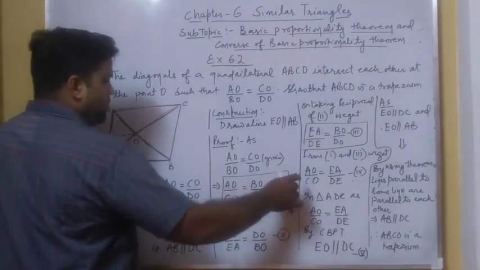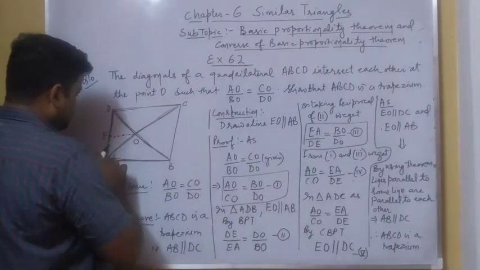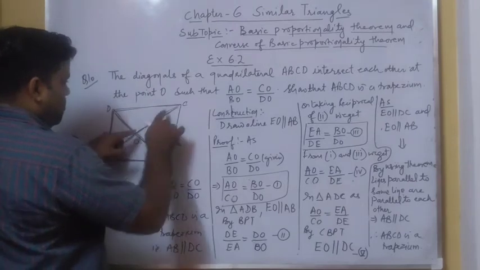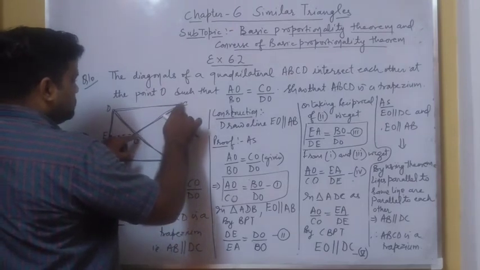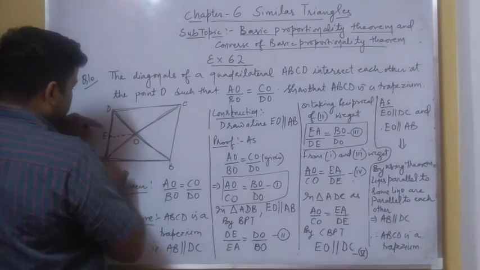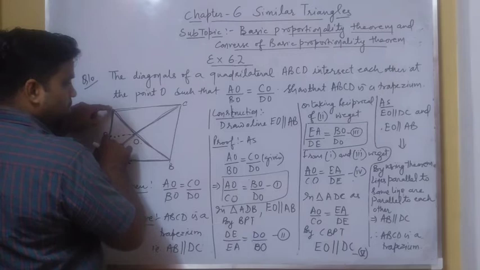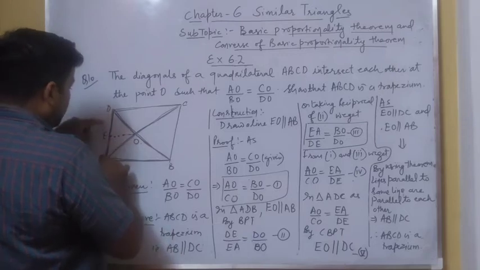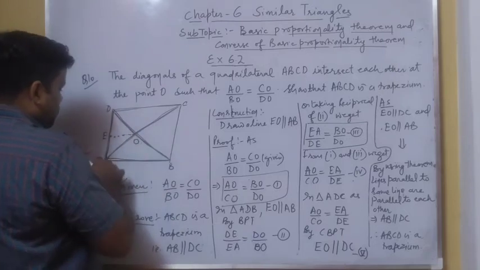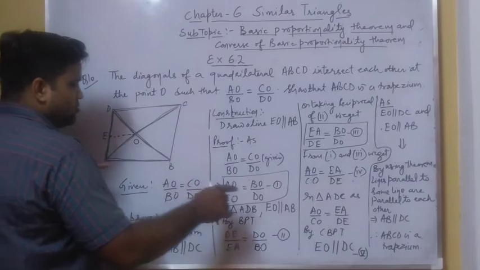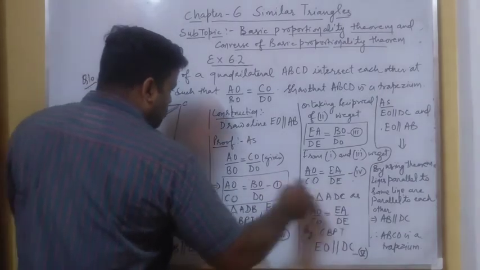If we look at the figure again, as AO by CO is equal to EA by DE, here we are in triangle ADC, and this ratio is equal.